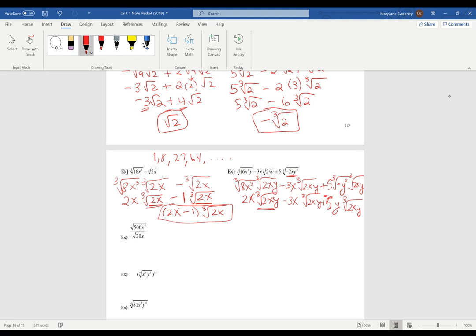This is perfect because I've got all these like radicals. So that means I can subtract the coefficients, 2x minus 3x. Well, that's a negative x. And then minus 5y. And then cubic root of 2xy. Again, that does need to be in parentheses.